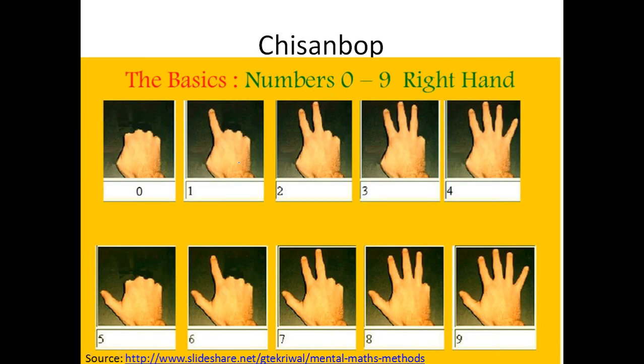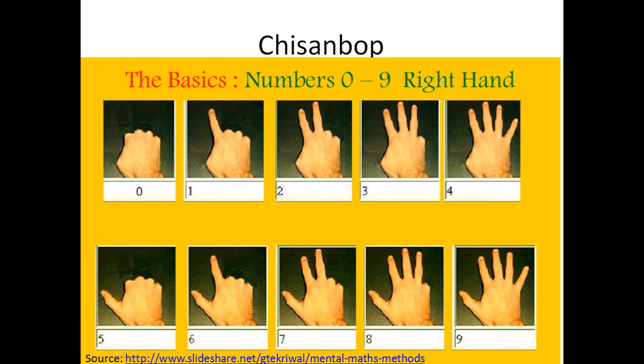I told you we'll go deeper into Chisanbop. I'm sorry, somebody has to Google it and find out the exact pronunciation, but let's focus more on the functionality part of it. You can see that you can use two hands, right hand and left hand.